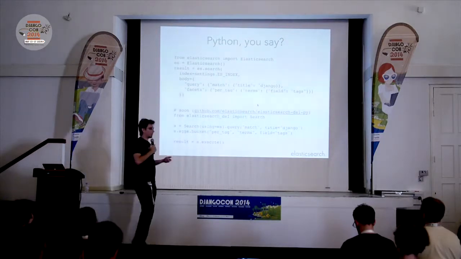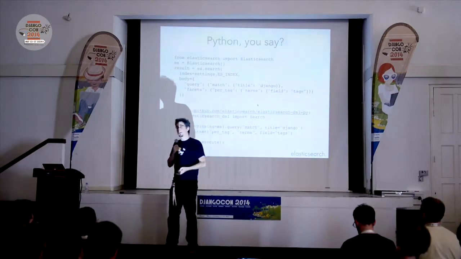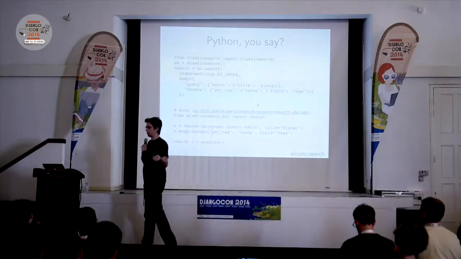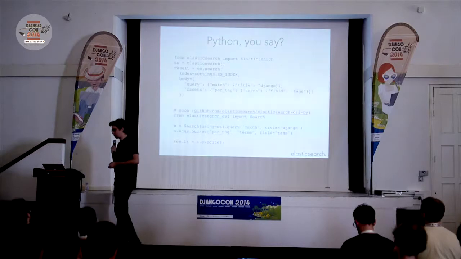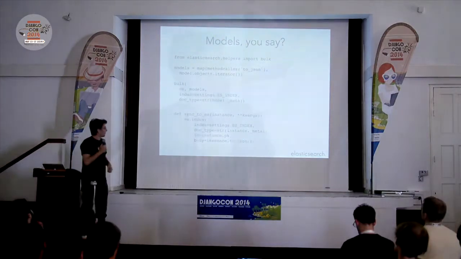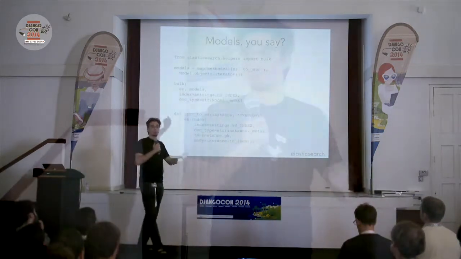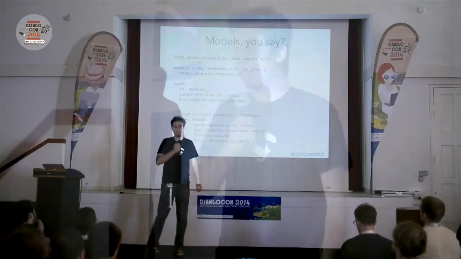And the other example is, we are at the Django conference, so how do I integrate this with Django? How do I take my models and dump them into Elasticsearch? Fortunately enough, it also fits on the slide. So again, I just import a helper from the library that's used for bulk uploading.